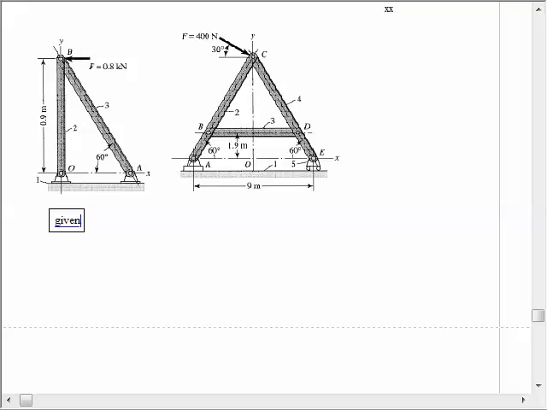So summing forces in the x direction on that vertical beam is FOX plus FBX equals 0. And in the y direction it would be FOY plus FBY equals 0.